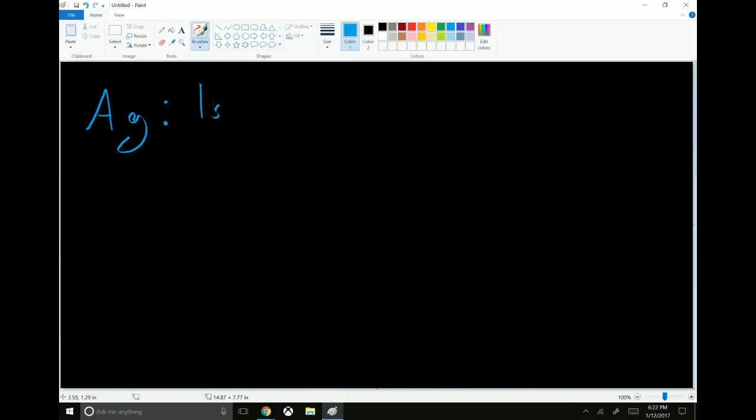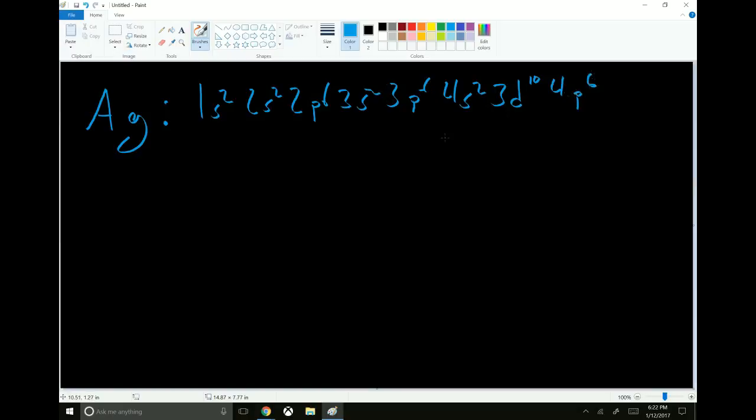You expect 1s2, 2s2, 2p6, 3s2, 3p6, 4s2, 3d10, 4p6, 5s2, 4d9. Okay. But it is an exception because instead, these two are different. It's 5s1, 4d10.